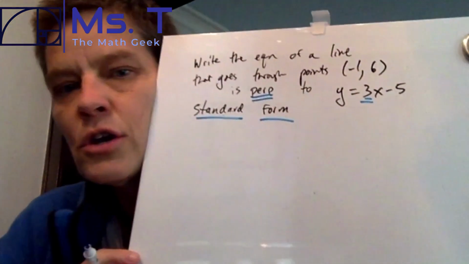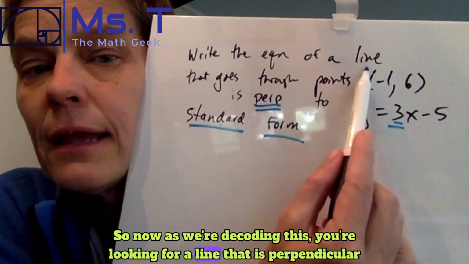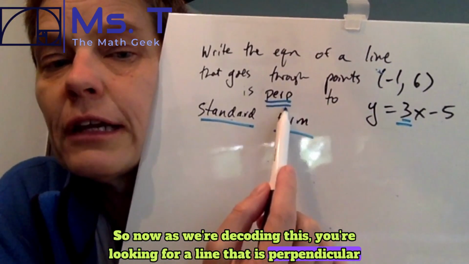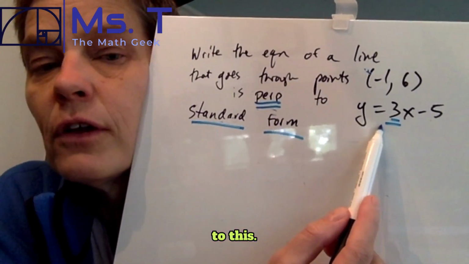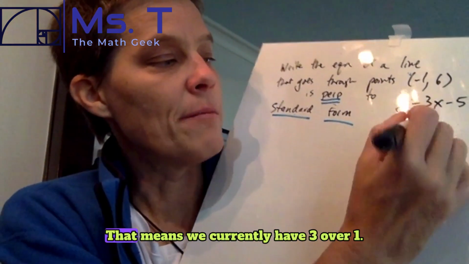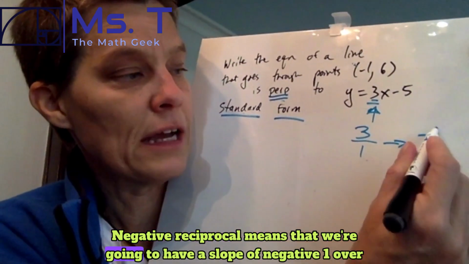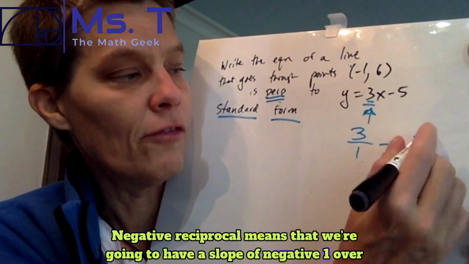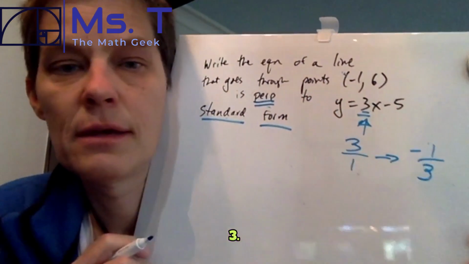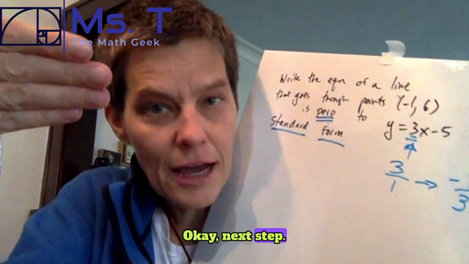So you're looking for a line that is perpendicular to this. This is 3/1. Negative reciprocal means that we're going to have a slope of -1/3. Rock star.